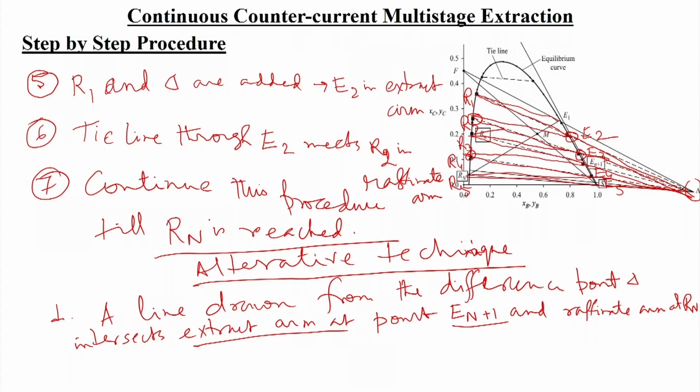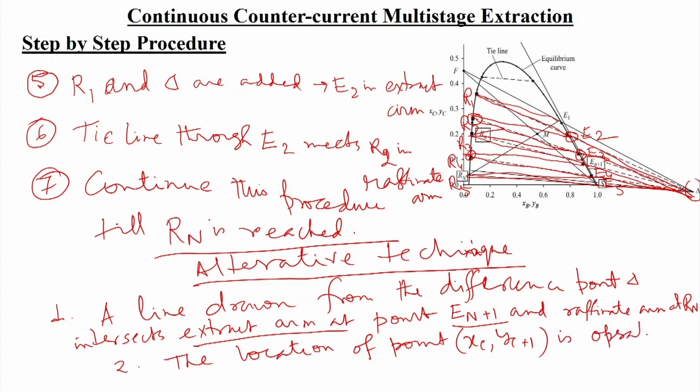Now, the second stage will be the location point xc and yc plus 1, that is nothing but the operating line. Suppose this is the xc, yc plane. We will draw this xc, yc plane also.